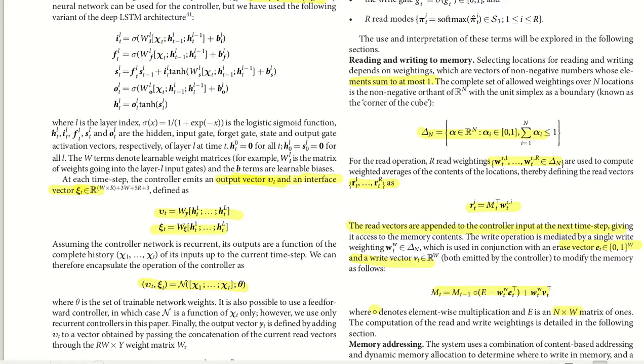The easiest operation is reading. One important thing to note is that there are multiple heads. Like modern self-attention in transformers, which has multiple heads, the differentiable neural computer back then in 2016 also had multiple read heads.